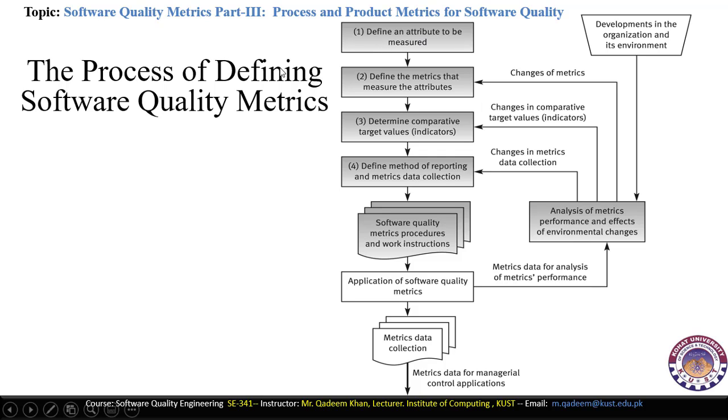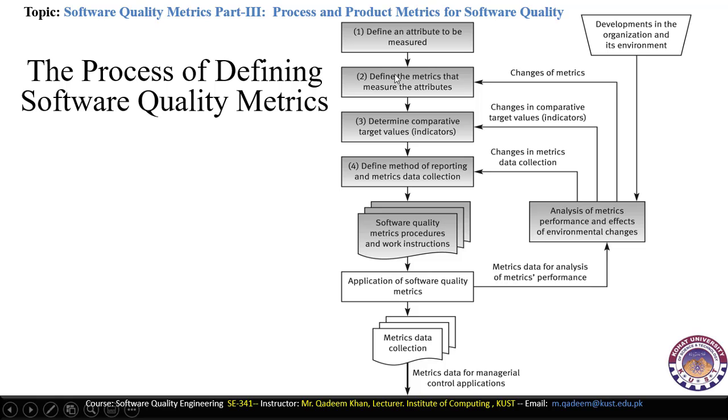Before conducting the measurement, we have to identify the different attributes of the software system which we require to measure. For example, the attributes may be efficiency, portability, security, etc. So we will first identify the attributes of the software which require to be measured.